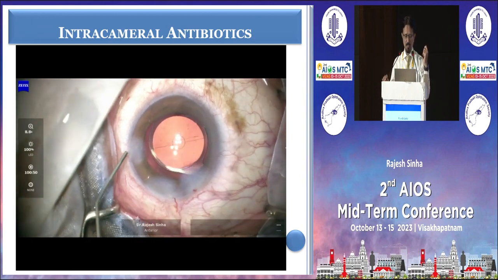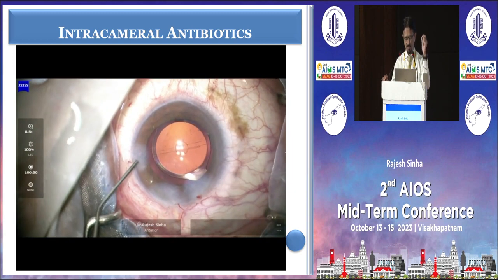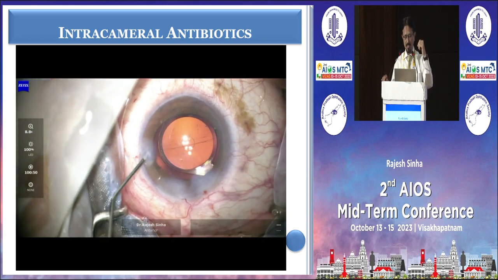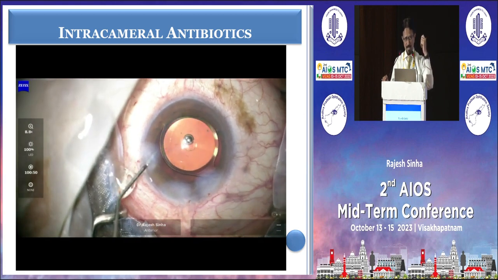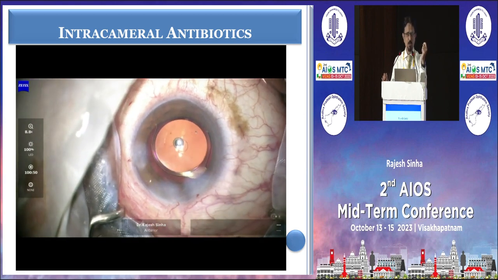Then you inject intracameral moxifloxacin: you enter the side port and push from there. As you enter, there will be a slight egress of fluid, so there will be space created, and you just push the moxifloxacin. It will go directly towards the bag.